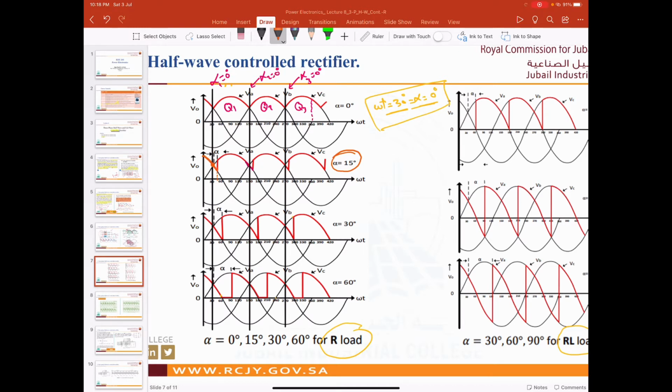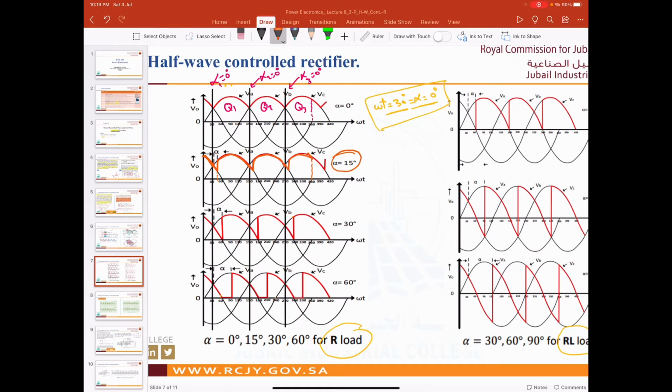Okay, then it will complete with the waveform. Okay, this is 0, right? We will add 15 degrees and we will go up again, and we stop here. We go for 15 degrees, and we can complete up to 360, and we will complete the rest here.